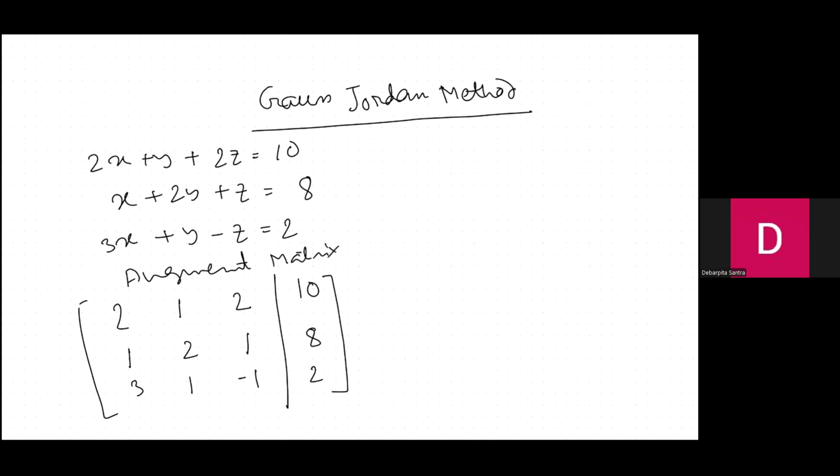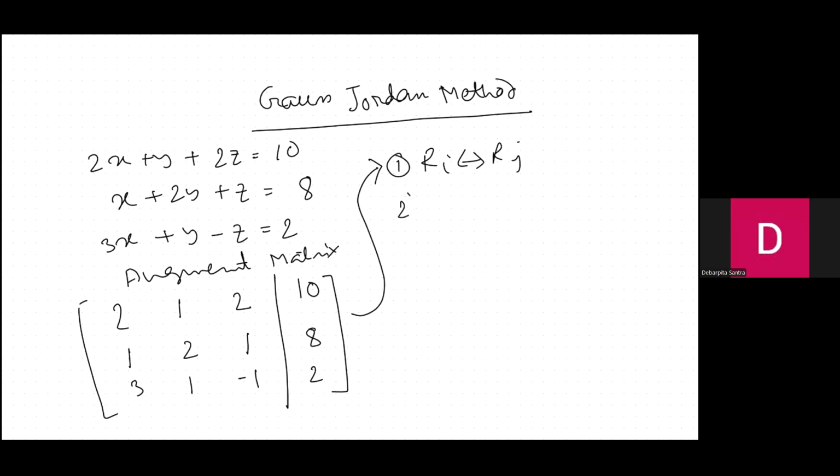Now on this matrix we will do some row operations. What are the elementary row operations? As we already know, we have three. First, we can interchange rows, that is, Ri can be interchanged with Rj.